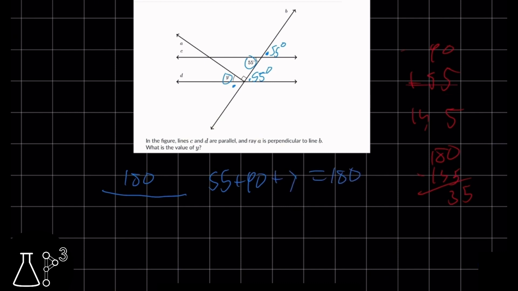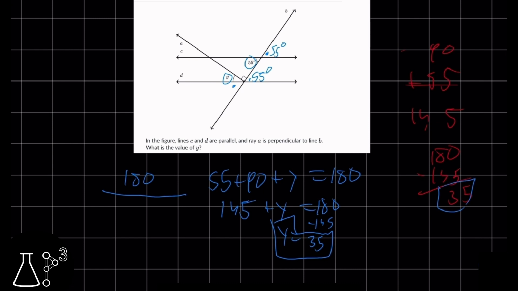We add 145 first: 145 plus y equals 180. And if we do 180 minus 145, we get 35, and that is our answer, which is the same thing as over here, which leads to my other point.